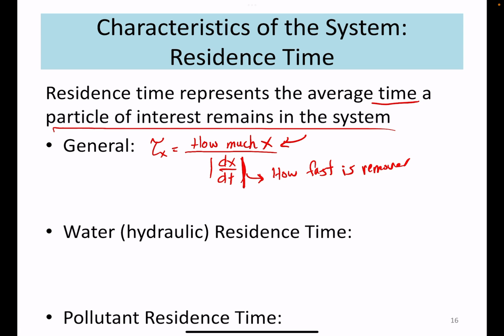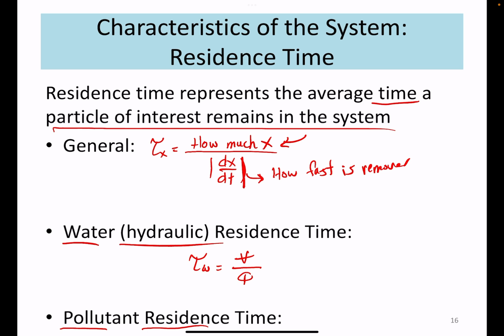Now, in terms of water movement, with the organic coming into the CSTR, and water and the organics as a particle moving outside the CSTR. In terms of water hydraulics, the hydraulic residence time, for the water, is simply volume over Q.